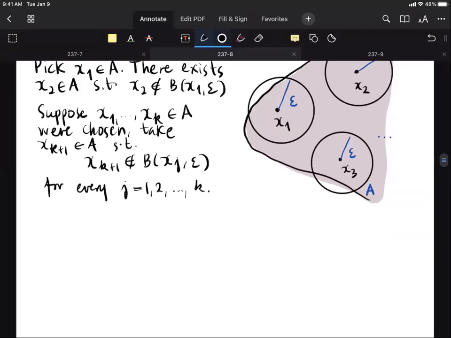So by construction, we see that your x sub l is not in the previous balls as long as l is greater than k.